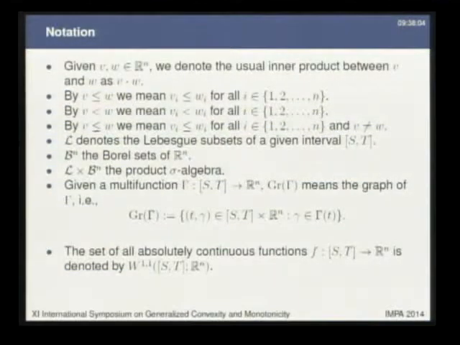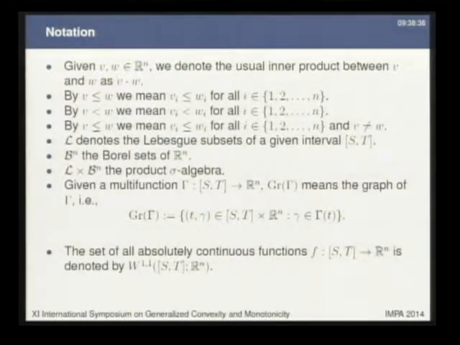Okay, here are some preliminaries. Notation: v·w is the inner product in R^n. By this notation, we mean this inequality for each component of the vectors. By v strictly less than w, we mean this inequality for each component.